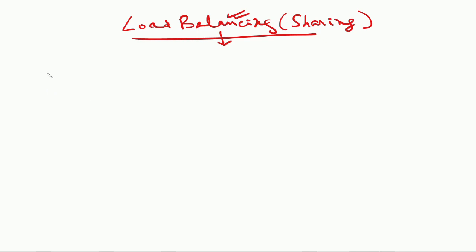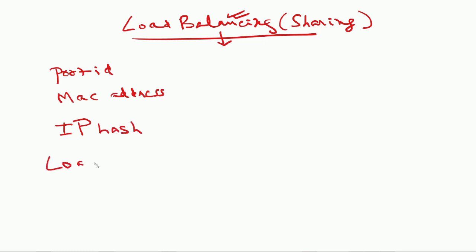If you recall, you can route based on port ID, MAC address, and there was this one, based on the IP hash. Load-based teaming is really very powerful, and we shall explore this in some detail here as well.